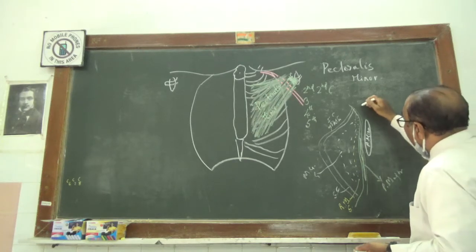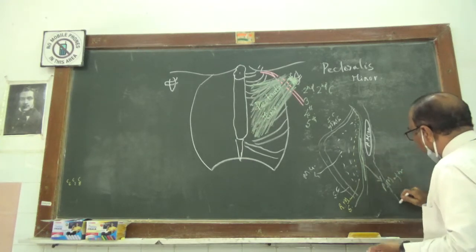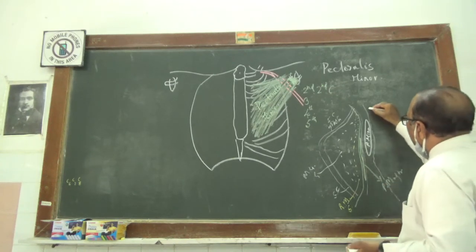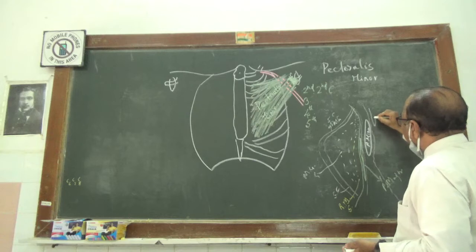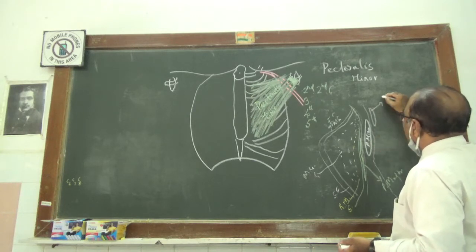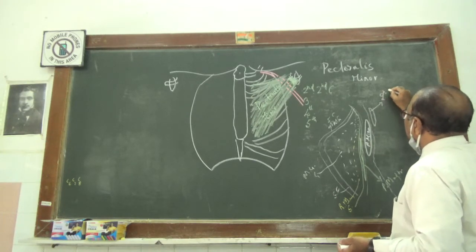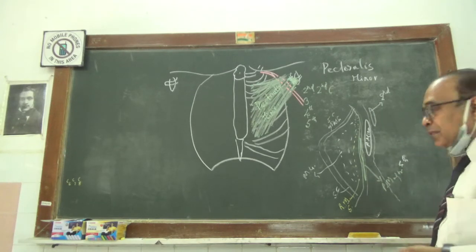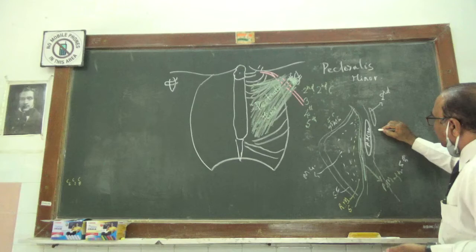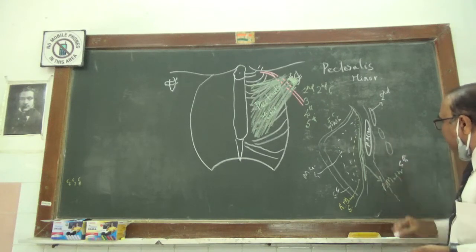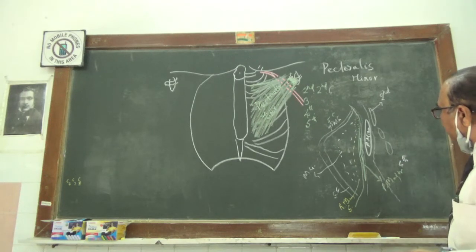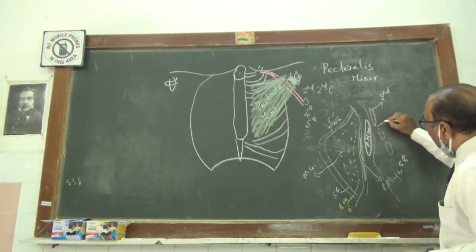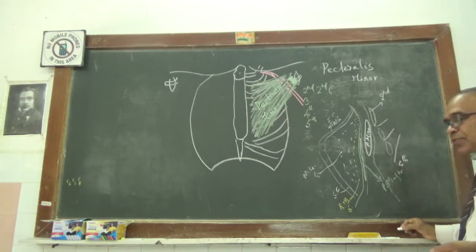Behind this pectoralis minor, there will be the ribs, varying from the second to the fourth rib, and the successive ribs between them, second to fourth. There you can see successive intercostal spaces.